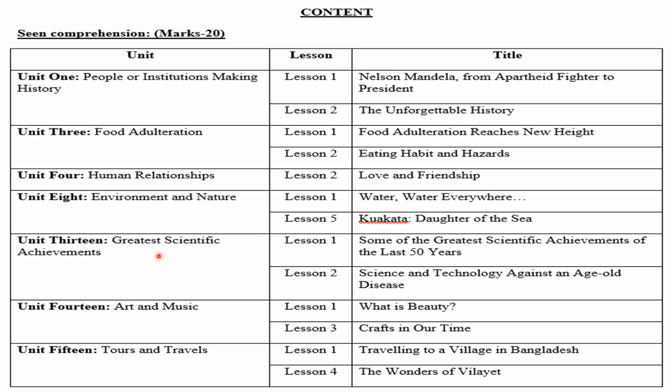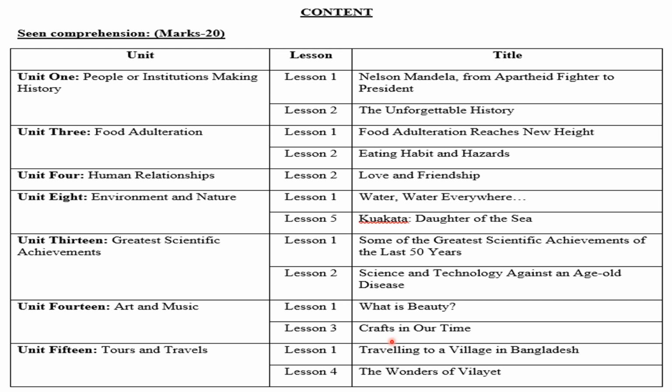Unit 14, Art and Music. There are two lessons, lesson 1 and lesson 3. In lesson 1 we'll be able to know about what is beauty, and in lesson 3 we'll know about crafts in our time.